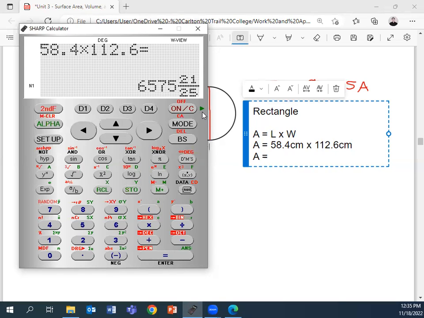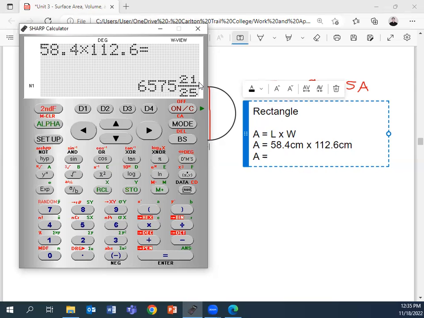Do I have to press anything to get the fraction? Is that what yours looks like right now? And equals.